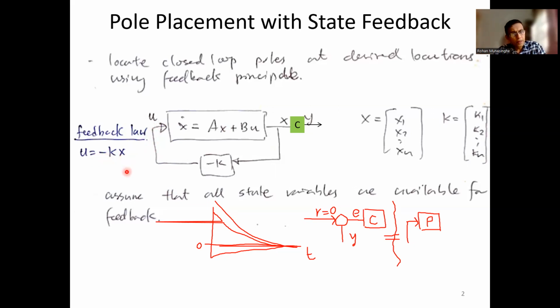Why? If you want to set a variable to 0, when the variable is positive, you need to give a negative command to bring it down. And if the variable is negative, you have to put a positive command to push it up.